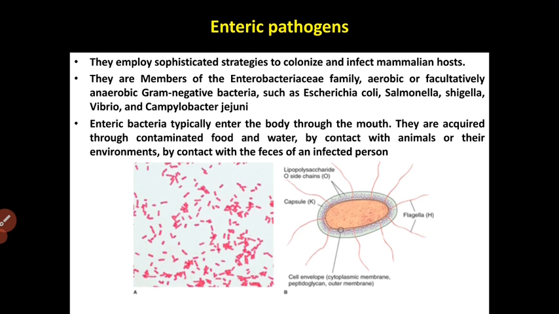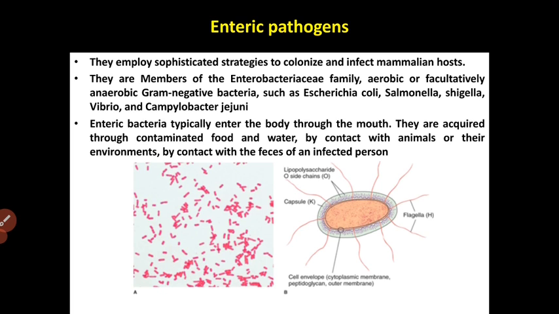Now E. coli. As we have started with E. coli, they are the member of Enterobacteriaceae family. They are aerobic or facultatively anaerobic gram-negative bacteria. Okay. Enteric bacteria typically enter the body through the mouth.